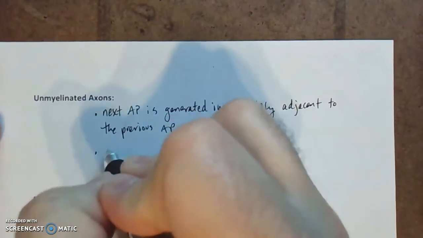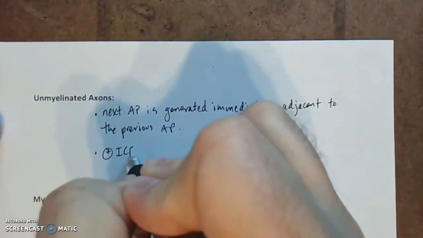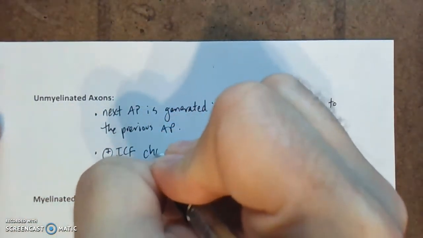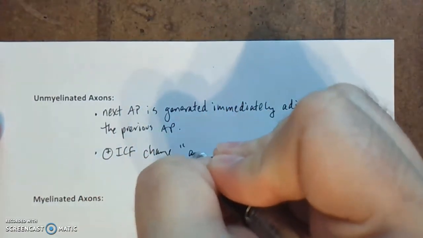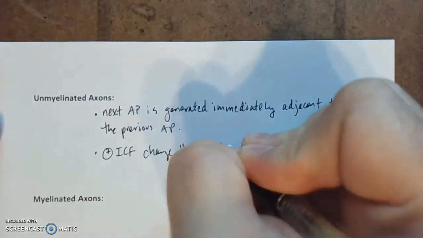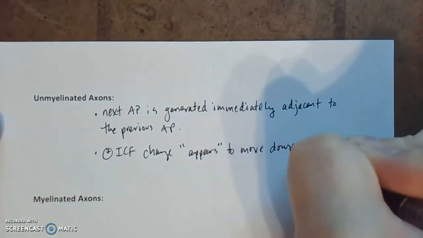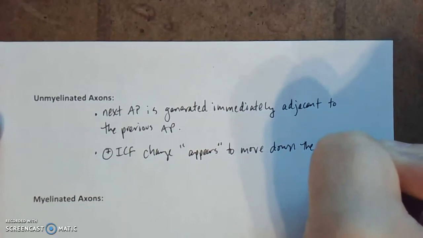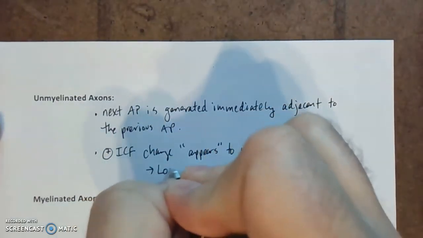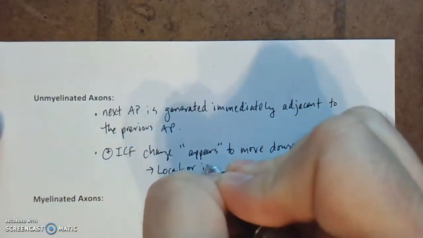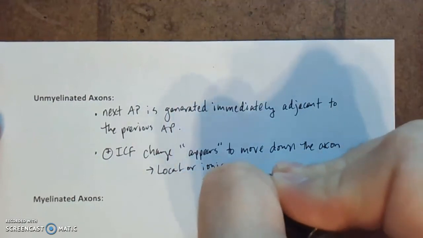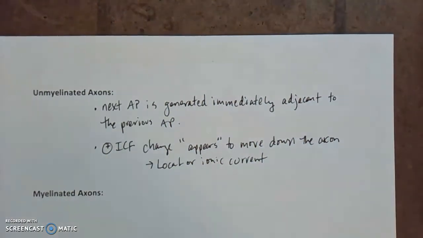So that means that the positive ICF change, I'm going to put appears, to move down the axon. And this is called a local or ionic current. So it travels down the axon.